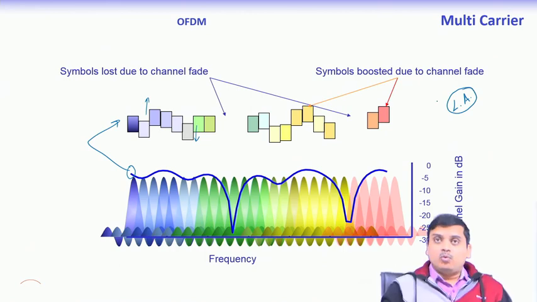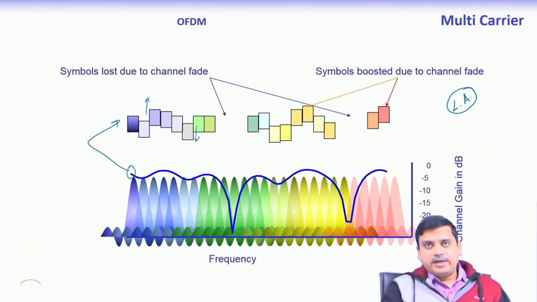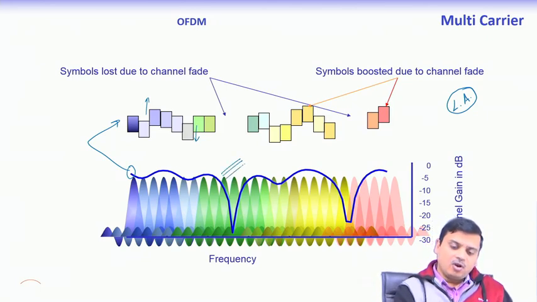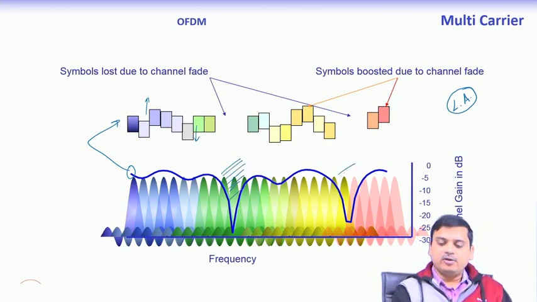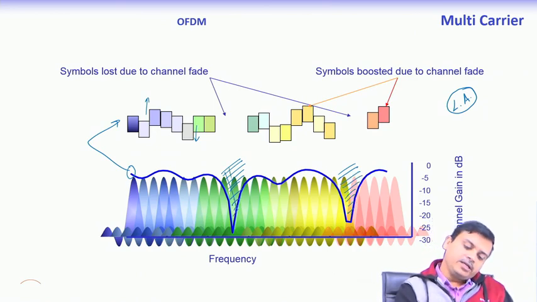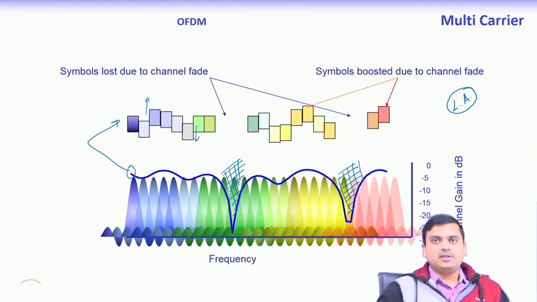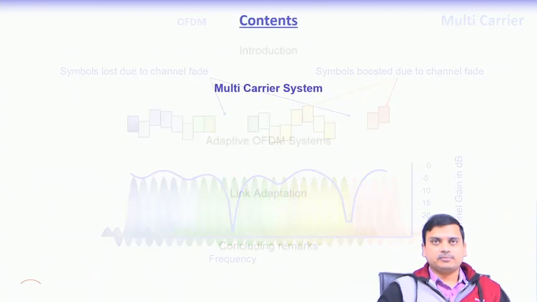But now, while we have seen the positive side of it, the negative side is that there is a lot of loss also, and these are not recoverable losses. One can argue that yes, I can go for error correction codes and I can recover, but deep fading losses are something which is always difficult to recover.